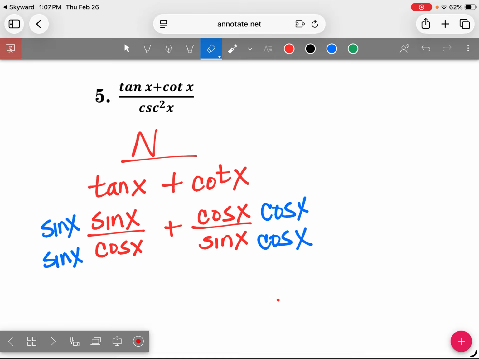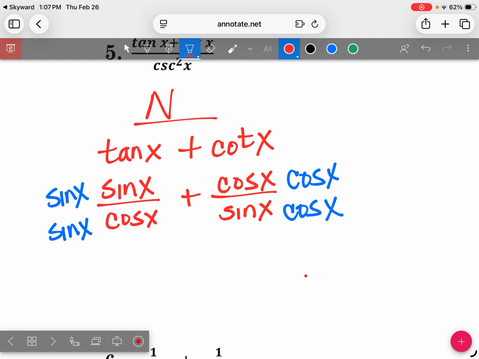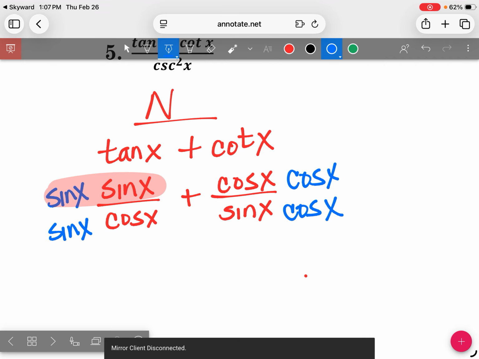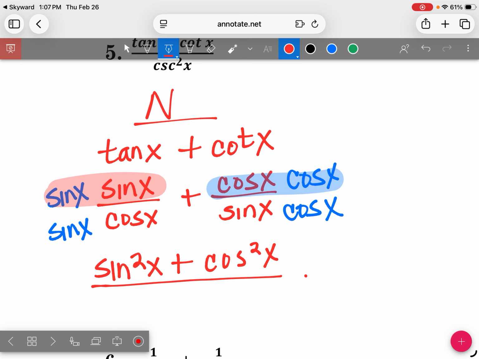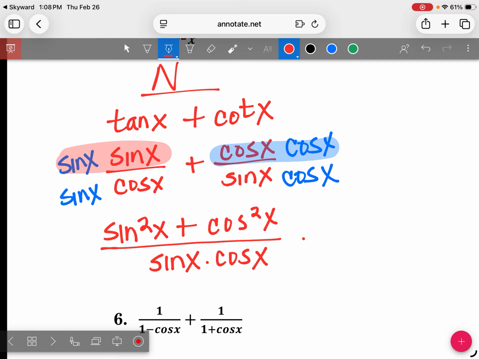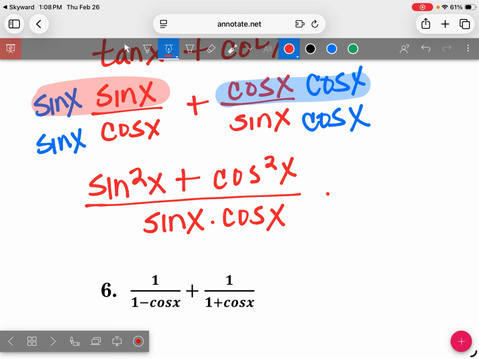So when you multiply two things that are the same, sine times sine is going to be sine squared. And cosine times cosine is going to be cosine squared. And that's all over my denominator, which is a sine times a cosine. Okay. Hopefully you see what my next step is. What do you notice?